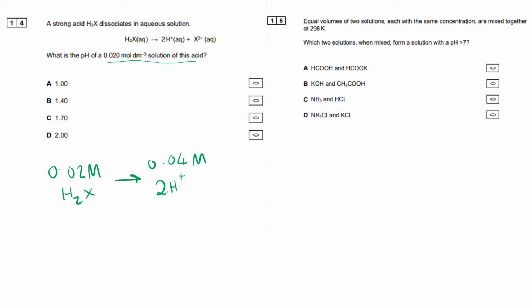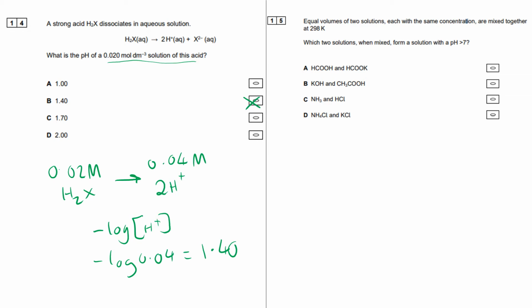So you've got a concentration of 0.04 moles per decimeter cubed, because it's a diprotic acid. Minus log the concentration of H+, so minus log 0.04, that gives us the pH, which we can see as 1.3979, or 1.40 rounded to 2 decimal places.